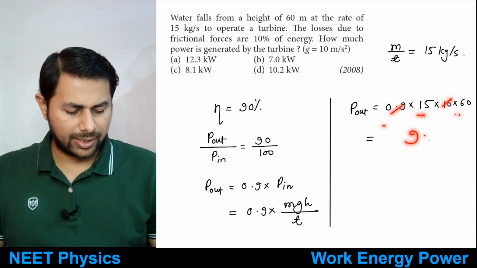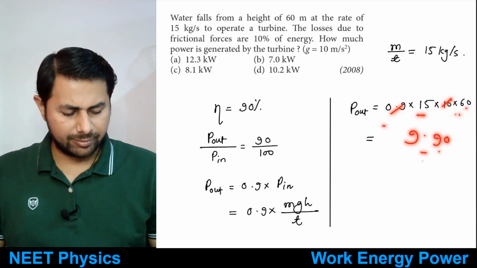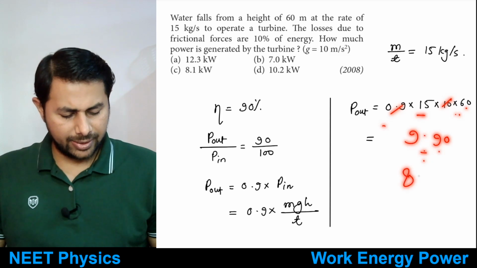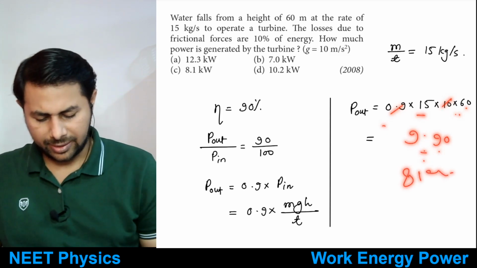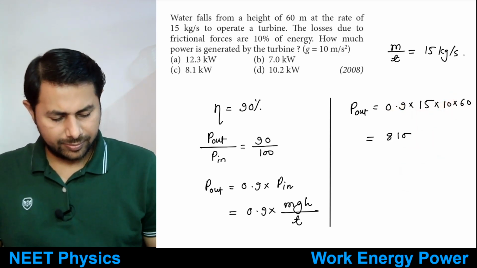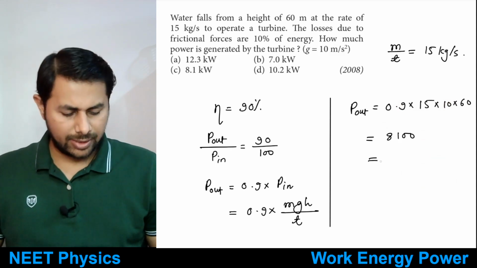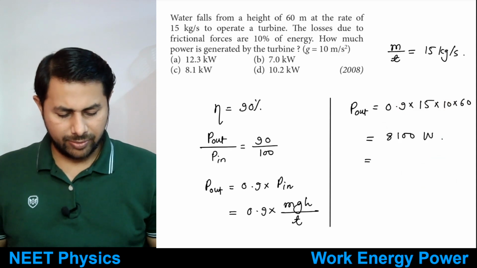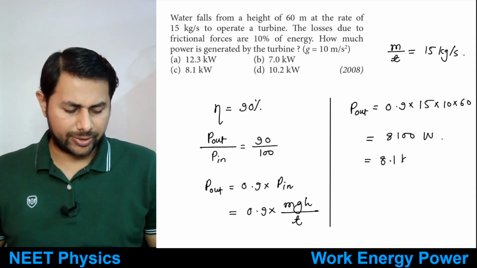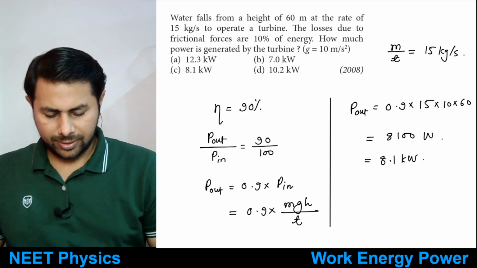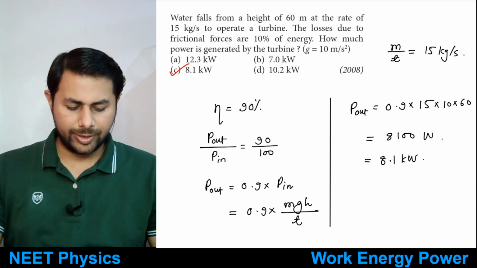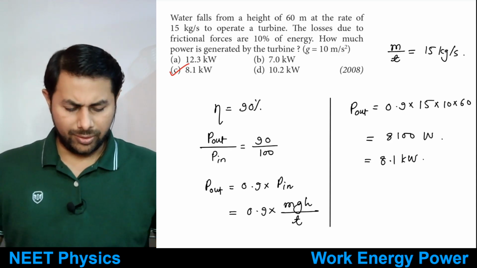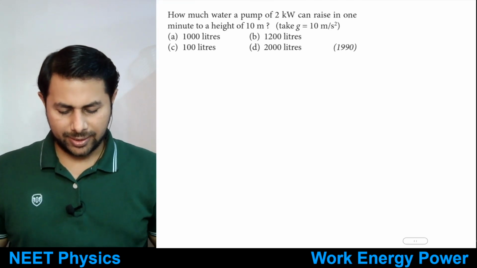Nine times 90, then times 10, so 8100, right? So that many watts, and it's given in kilowatts, so 8.1 kilowatts. Correct? So option C would be the answer. Okay, good. Let's see the next one.